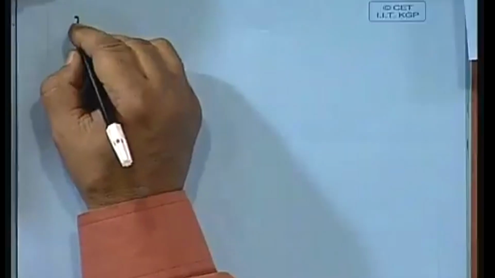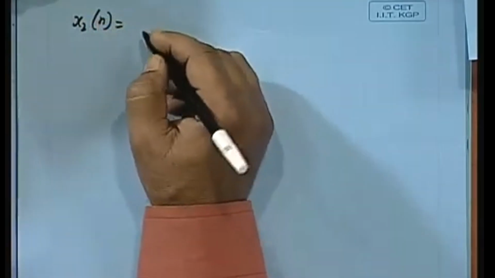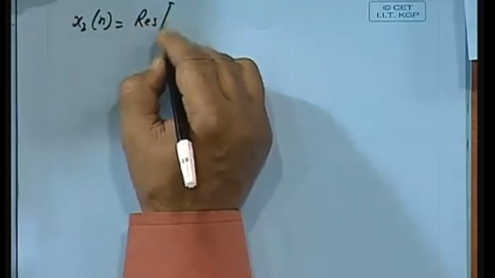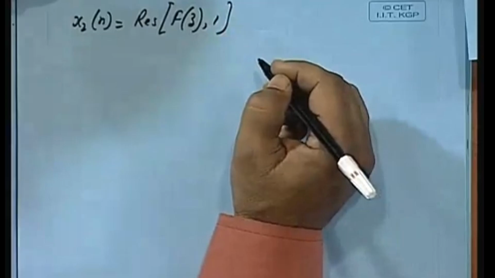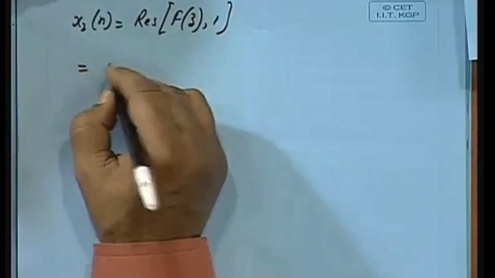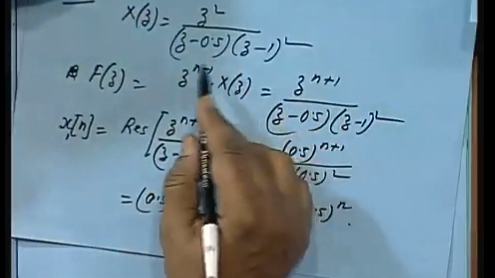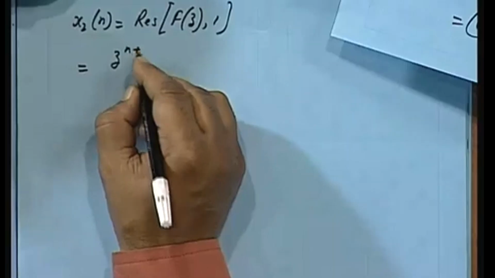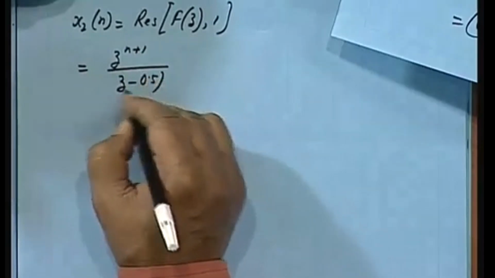x2[n], for the second one, I will take the residue of f(z) at this pole, which will be, if you differentiate this one, d/dz of z to the power n plus 1 by (z minus 0.5).